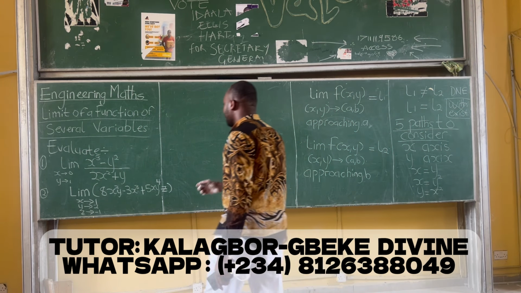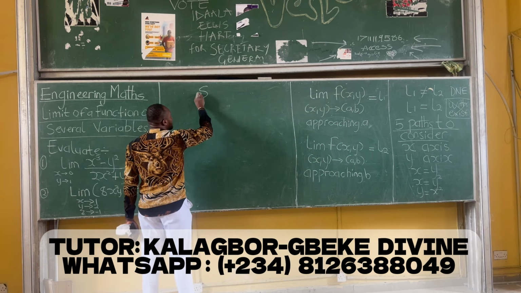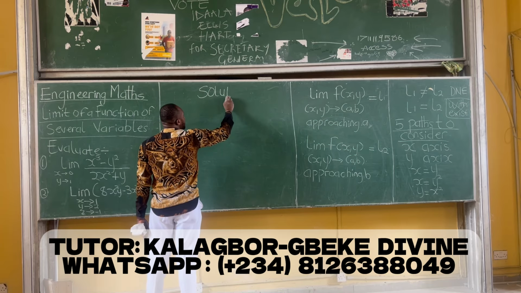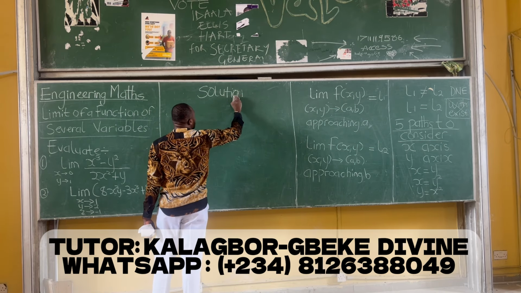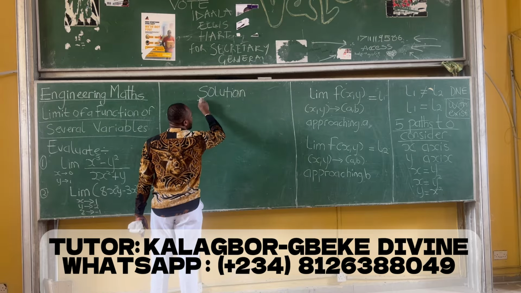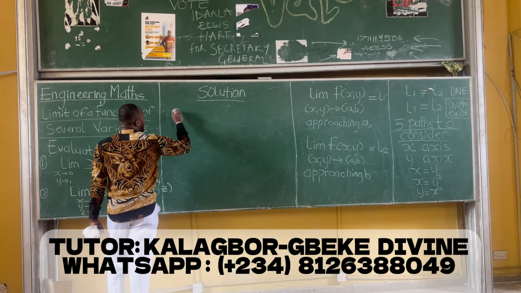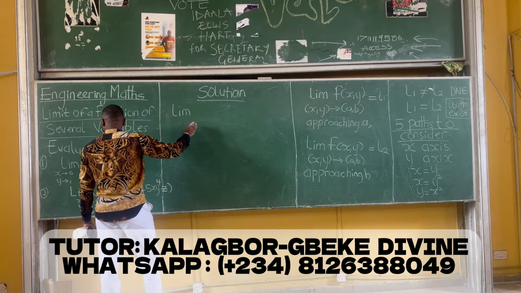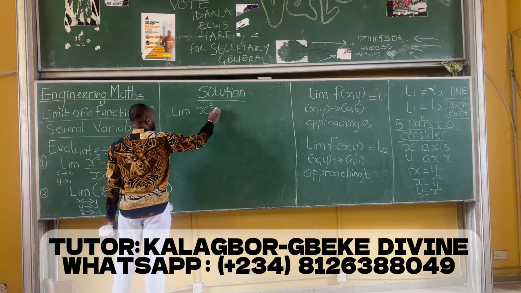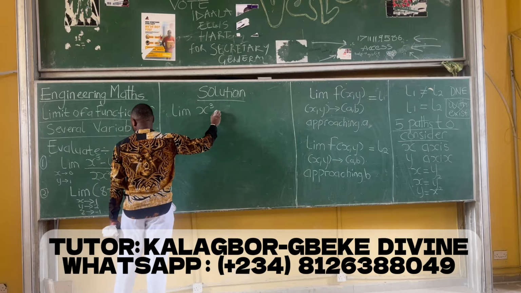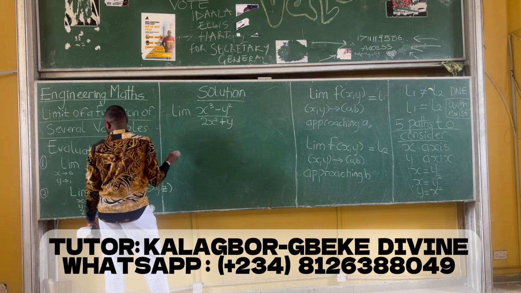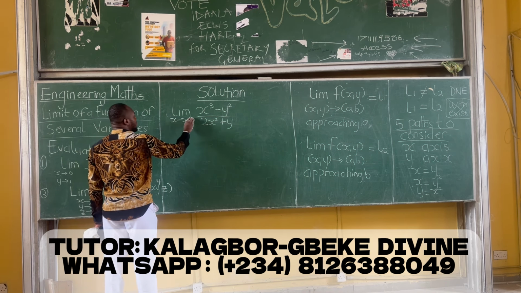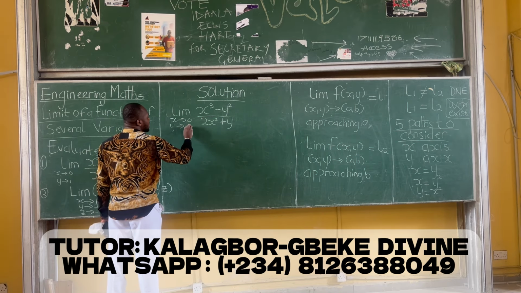Let's follow. So the first example, solution. We are given a limit of x cubed minus y squared all over 2x squared plus y when x is approaching 0 and y is approaching 1.